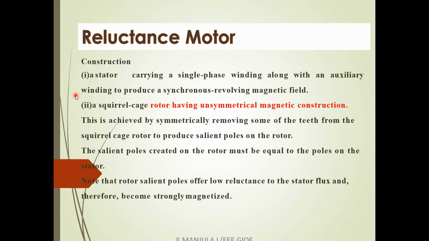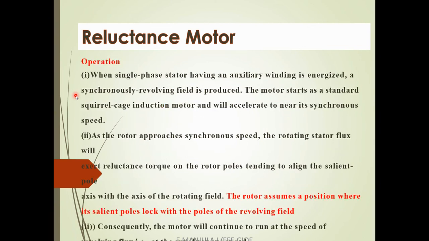This is achieved by symmetrically removing some of the teeth from the squirrel cage rotor to produce salient poles on the rotor. The salient poles created on the rotor must be equal in number to the poles of the stator. Note that the rotor salient poles offer low reluctance to the stator flux and therefore become more strongly magnetized.